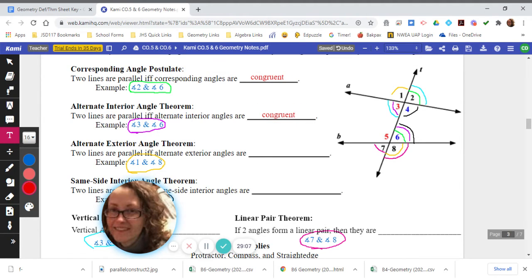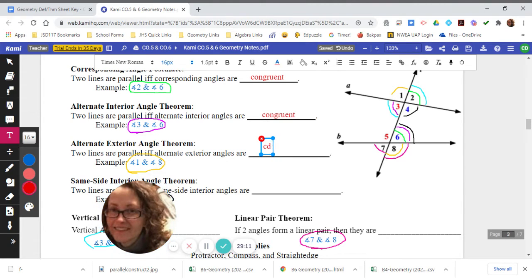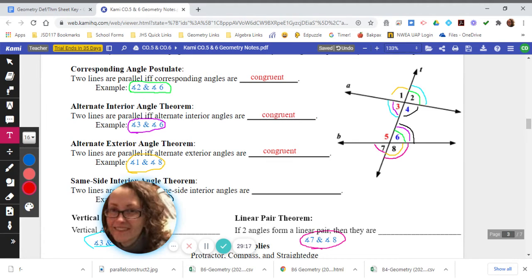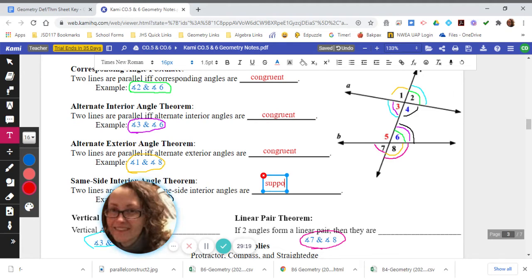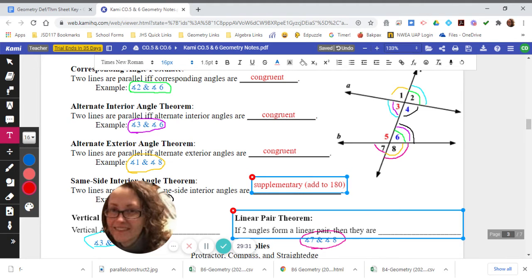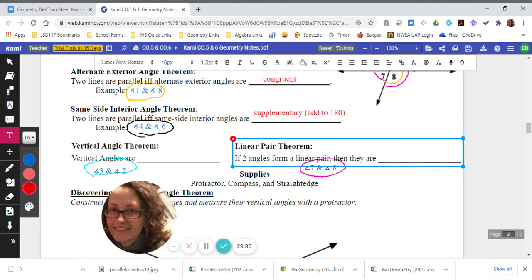Alternate exteriors would need to be congruent as well. And same side interior, that's our oddball, that's going to be supplementary instead. That means add to 180. Just like the 70 and 110 that I had earlier.